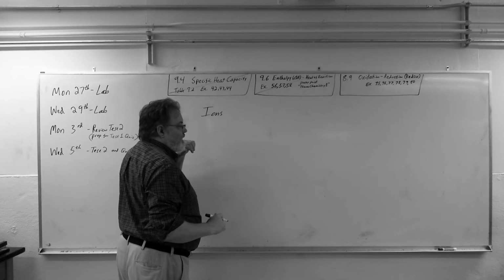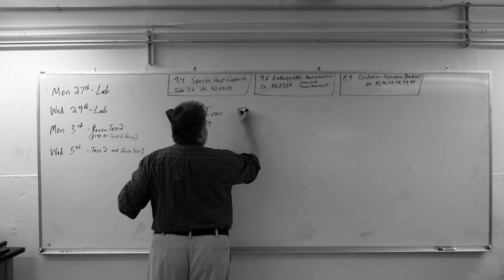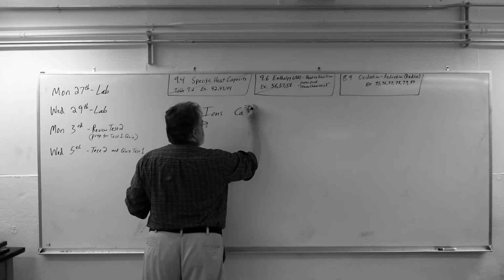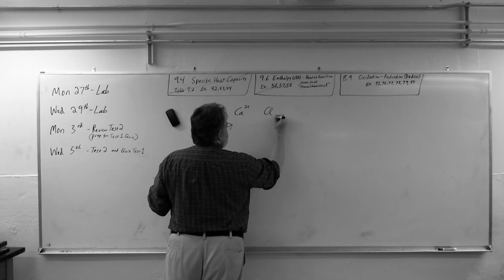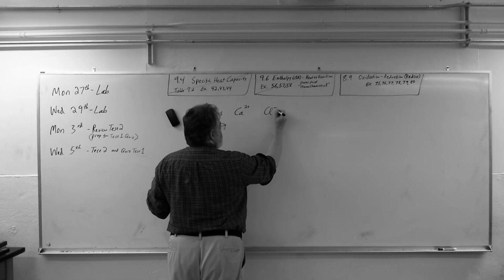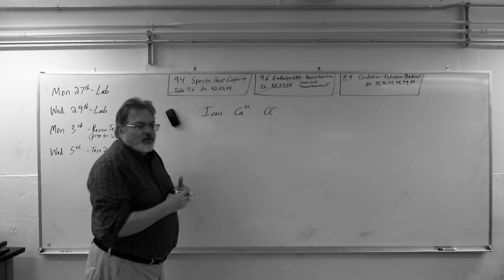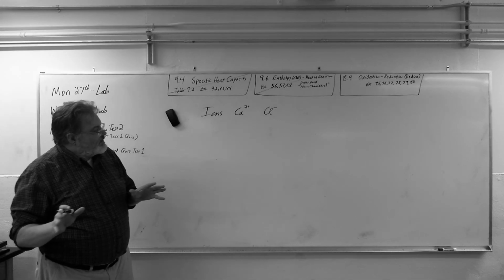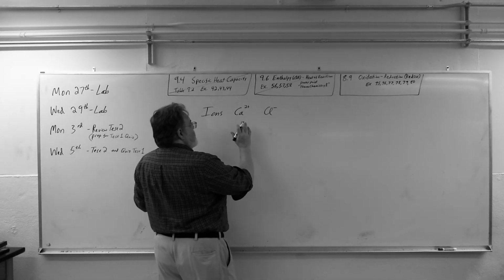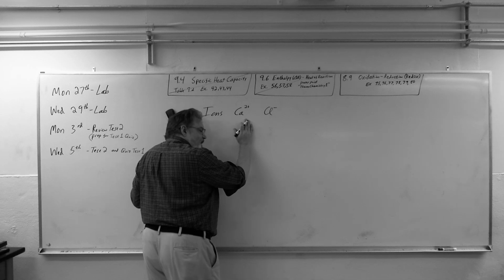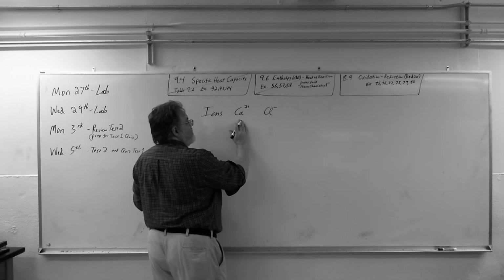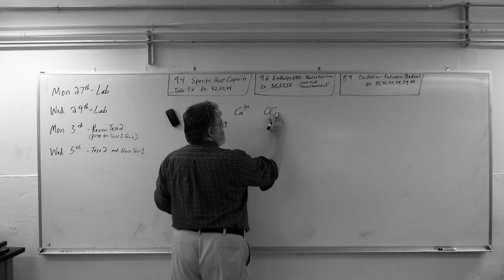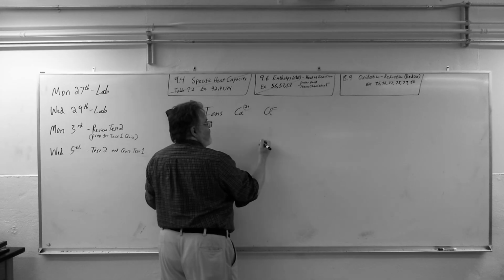The ions that you already know, for instance, calcium, if I said, what's the charge on calcium? You tell me +2. If I said chlorine, what's the charge on chlorine? You tell me -1. That actually totally coincides with what we call oxidation states. Without telling you what oxidation state is, the oxidation state, or sometimes called the oxidation number, for calcium, when it's an ion, is +2. For chlorine, when it's an ion, is -1.